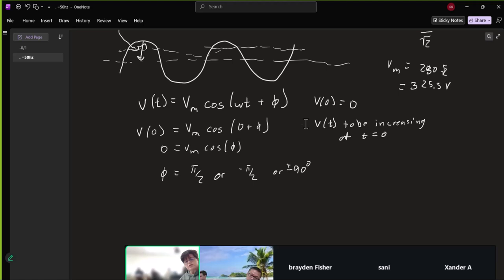Now, if we want it to be increasing, that means its derivative needs to be positive. So V prime of t equals, the derivative of cosine is minus sine, so minus Vm sine of omega t plus phi, and then the chain rule says multiply by the derivative of the inside, which gets me omega.